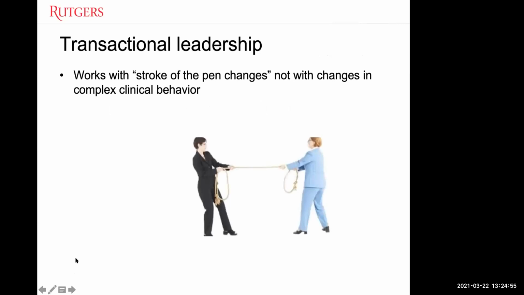Another term for this is transactional leadership or transactional supervision, where we just instruct people on what to do. There's a term called stroke of the pen changes. This works if you're going to use a different form or do something in a different way, but it really doesn't work as we get more complex in terms of the work we're doing.